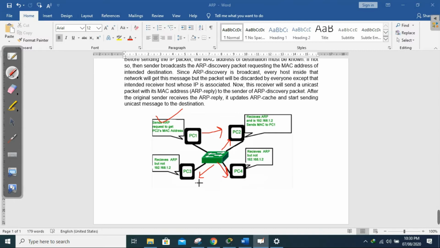When it reaches PC3, it does the same, and when it reaches PC2, likewise. Since the packet only held the IP address of PC2, only PC2 will match. It will definitely not match PC4 or PC3, so the only match we get is at PC2.